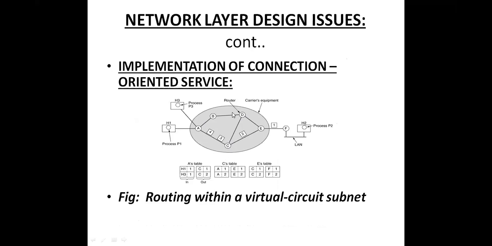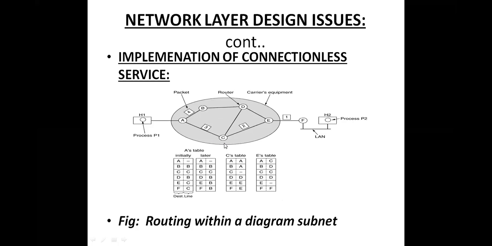We can move in another direction in the case of connectionless. But in the case of connection oriented service, all the four packets have to transfer in this particular way only. If C fails, the entire thing fails. But in the case of connectionless service, if C fails, you can go through B. If one router fails, everything fails in the case of connection oriented service, and again we need to establish a new connection.